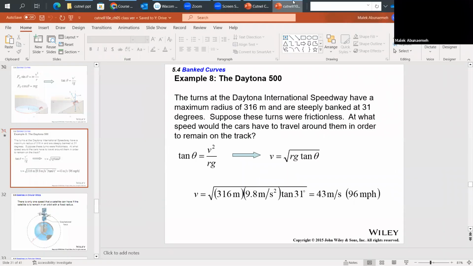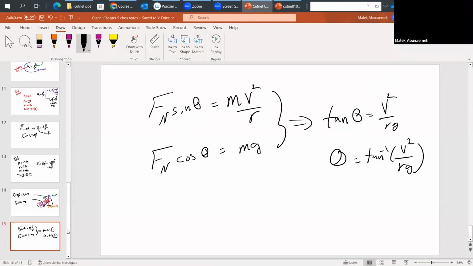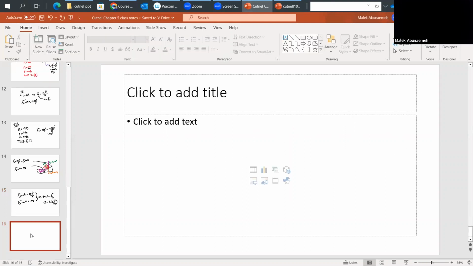So let's go ahead and see this question. Example 8: we got a radius of 316 meters and an angle of 31 degrees. What speed would you need to look for, the speed that it's traveling around the curve, in order to maintain the track? Okay, so let's open up a new slide.